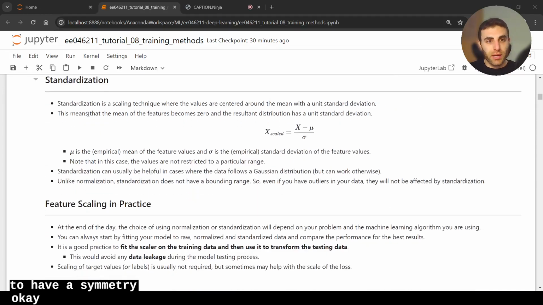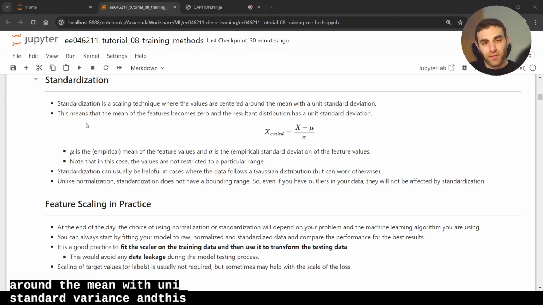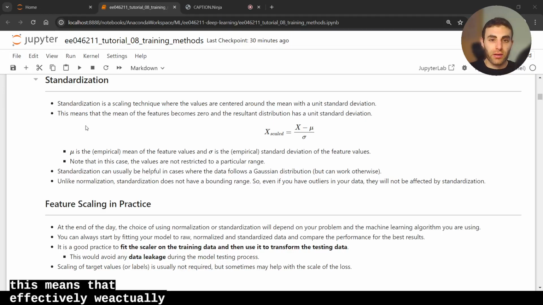Okay, the next type is standardization, and it is a scaling technique where the values are centered around the mean with unit standard deviation. This means that effectively we take the mean of the features to be 0 and the standard deviation to be 1.